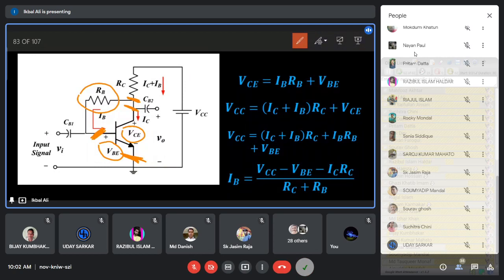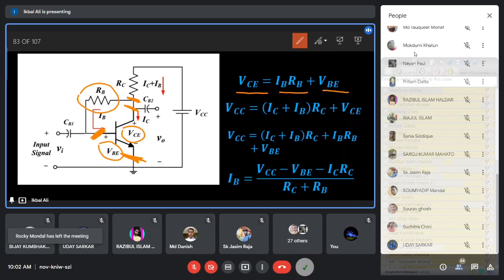So we can write VCE as the summation of the two potentials: the potential drop from collector to base, which is IB RB, plus the potential drop across the base and the emitter, which is VBE.